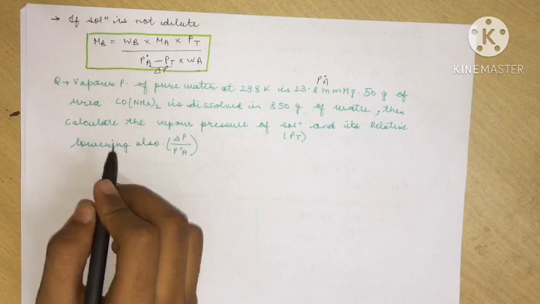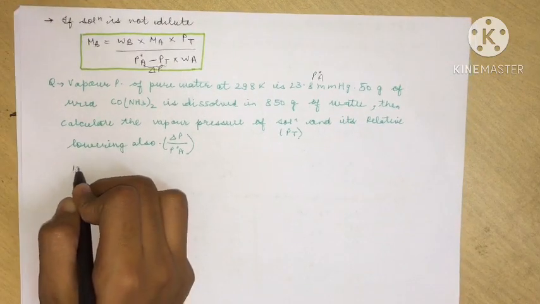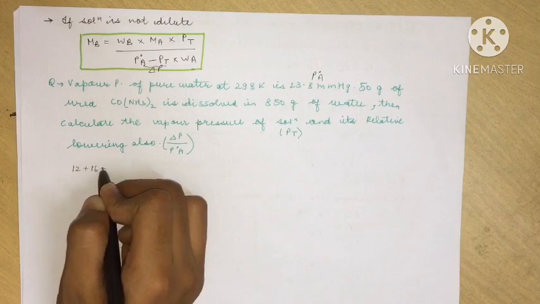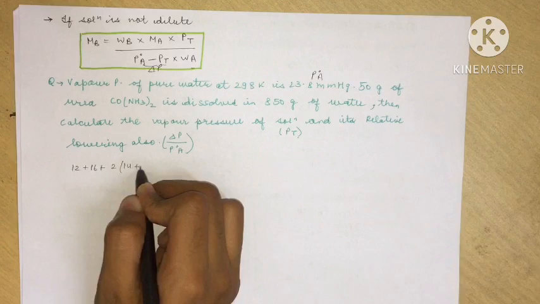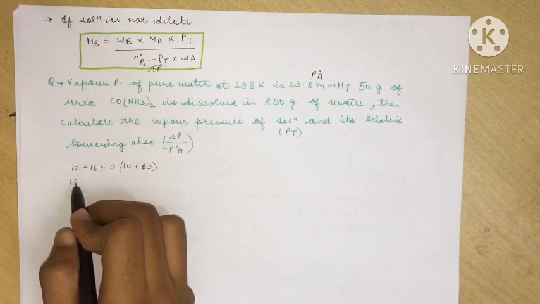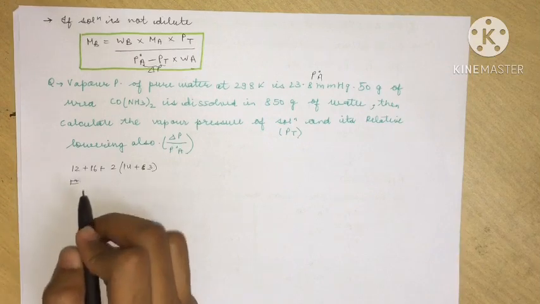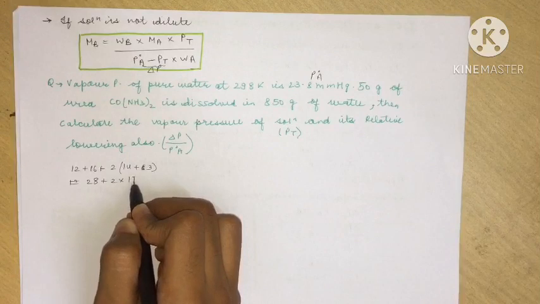First of all we have to see what is the molar mass of this urea. So if I add, this is 12 plus 16 plus 2 into 14 plus 2. So it will be 12 plus 16, I can directly write it that it will be 28 plus 2 into 17.